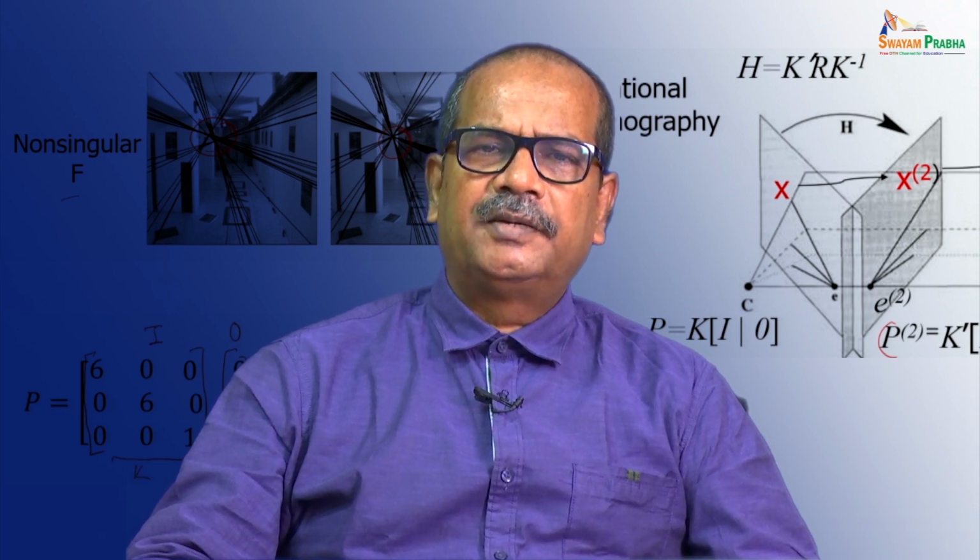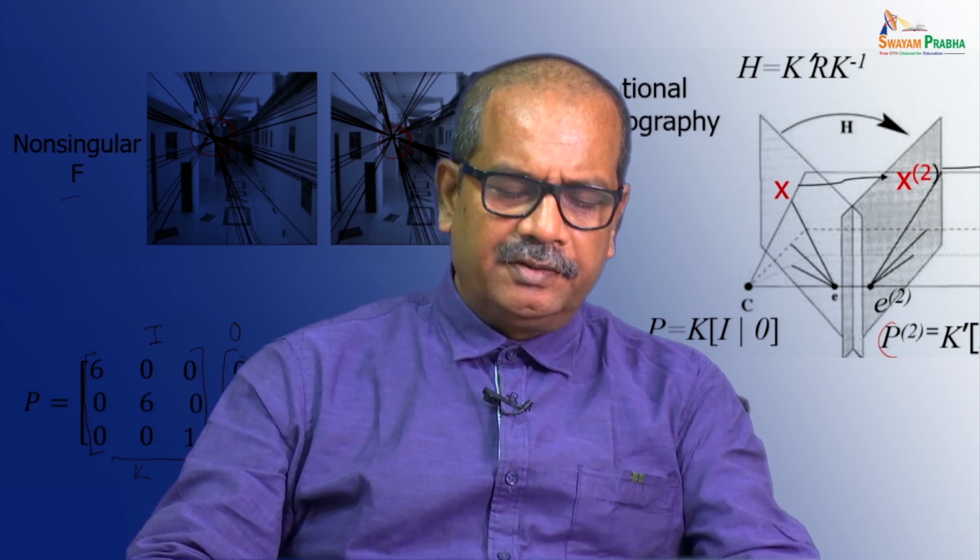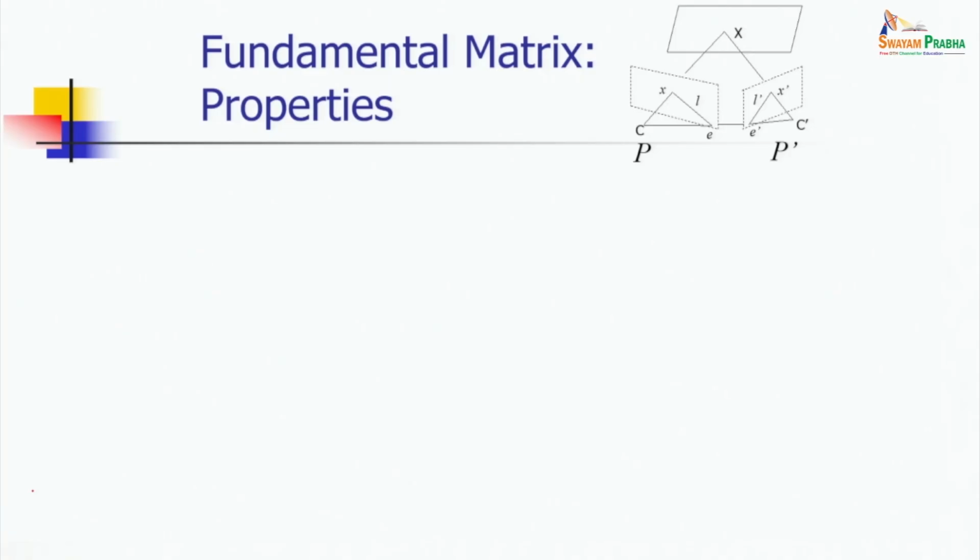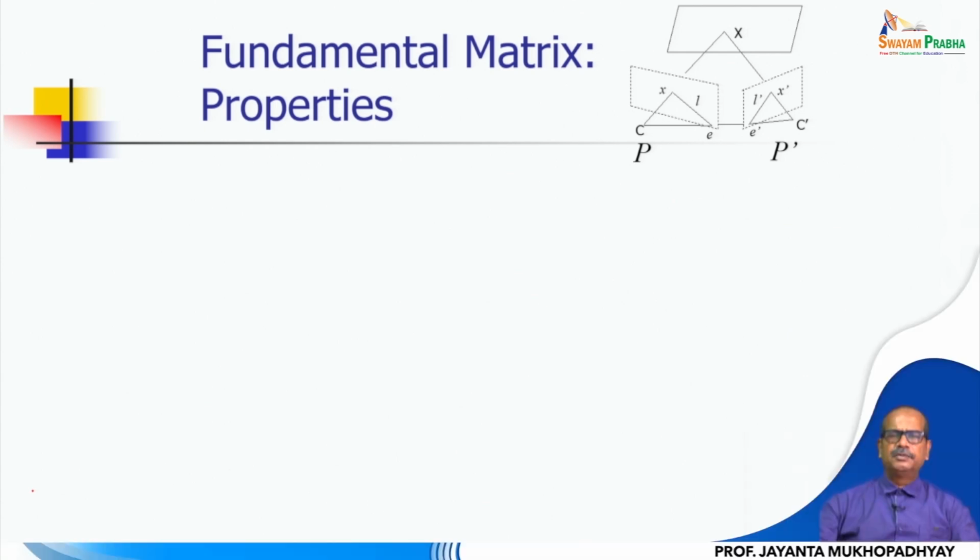And there we have seen that there is a particular entity called the fundamental matrix, which is associated with a stereo system. This fundamental matrix establishes the relationships between a pair of corresponding points, and it also has many other information encoded within it. So, we would like to see the properties of this fundamental matrix.